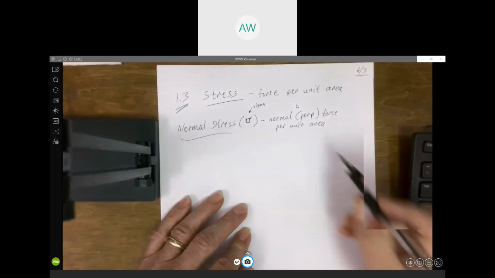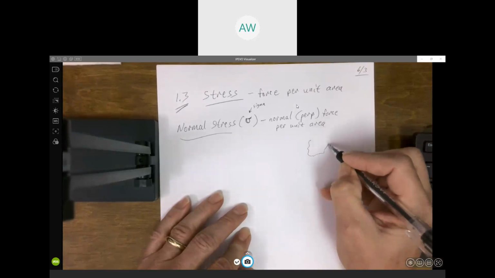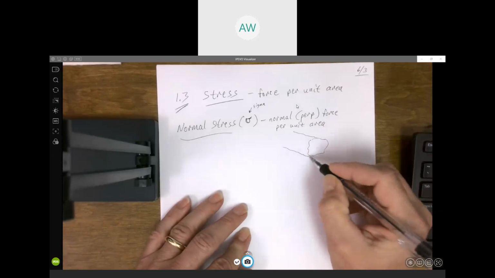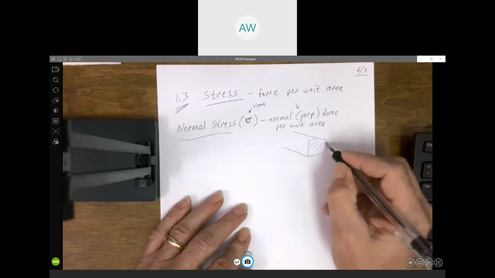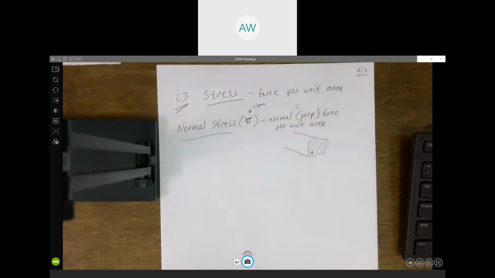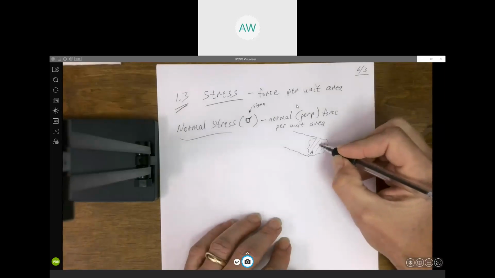Kind of related to what we were discussing yesterday, if you're looking at some arbitrary cross section like this, if you had a member and you went out there at some location and you cut it, and you looked at that cross-sectional area, then the normal stress is the stress caused by this force that is perpendicular.